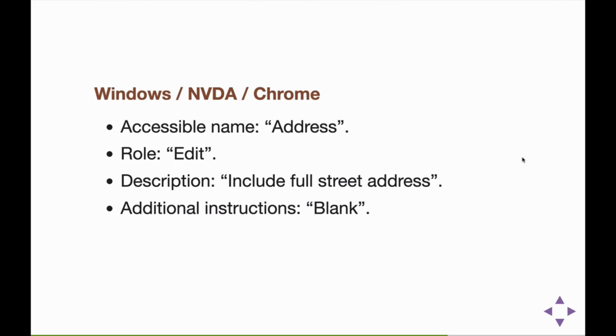What about NVDA? Well, a similar sort of process. It starts with the accessible name, address. The role or very short description in this case is just edit. And the description, as before, include full street address. The instructions are amazing. They just say blank. So for NVDA, address, edit, include full street address, blank.